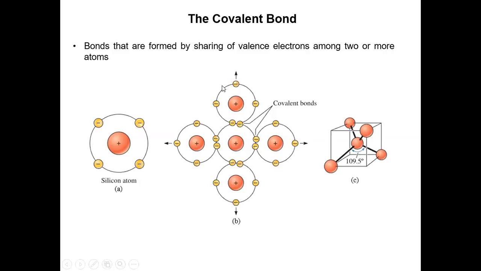For example, you can see this silicon atom. In its outer shell, it has 4 electrons, right? So it will be in a stable position if it contains 8 electrons in the outer shell.